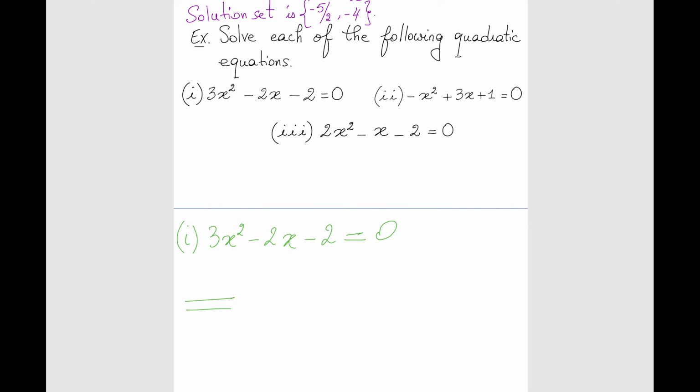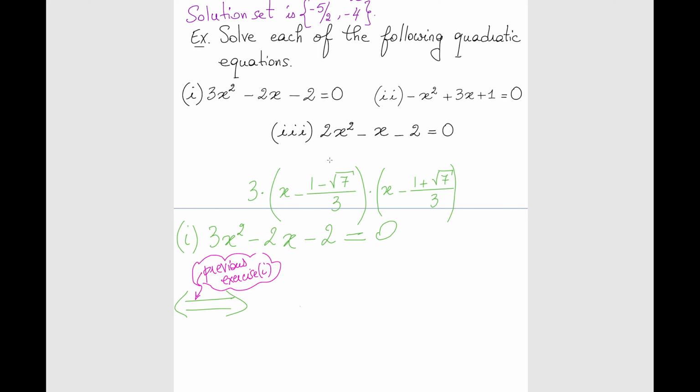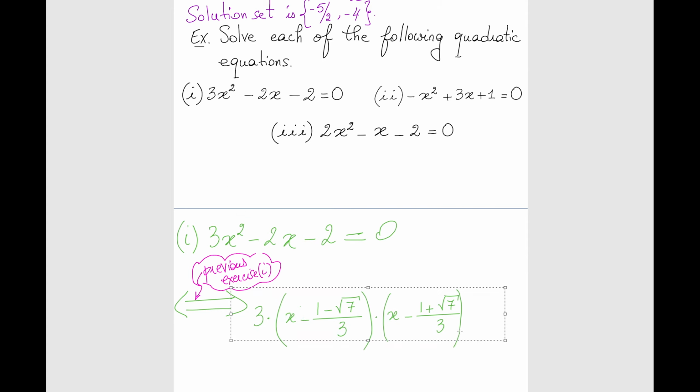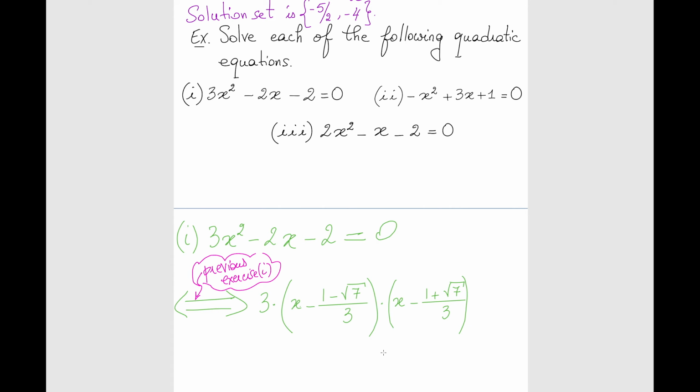By the previous exercise, so let me label this as previous exercise part 1, to be even more precise. So by that part, let's paste that. Oops, pasted it here. We take it all the way here, right? That is the left-hand side, and this is equal to 0.